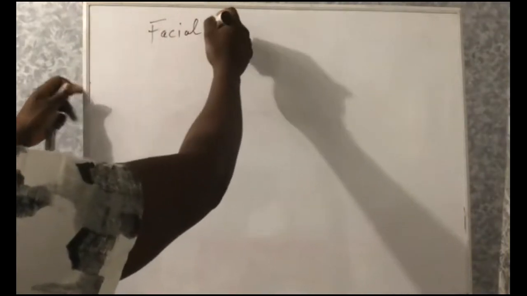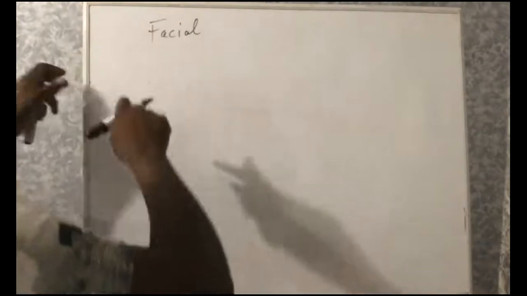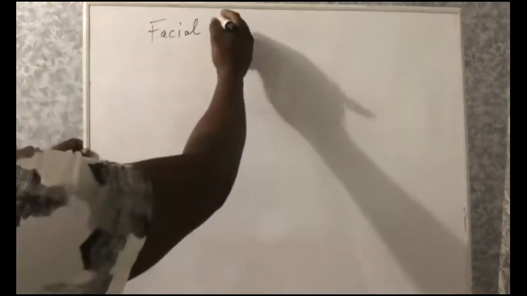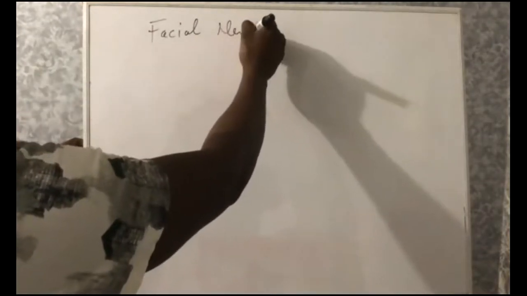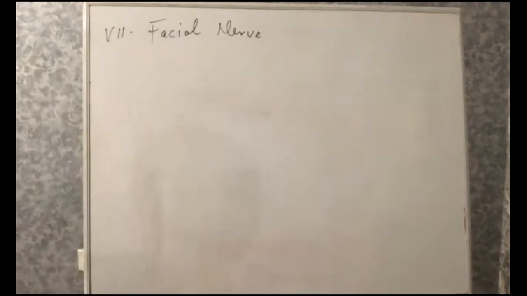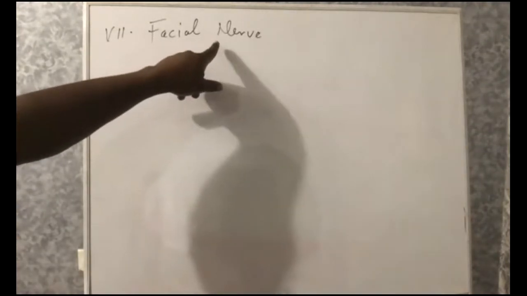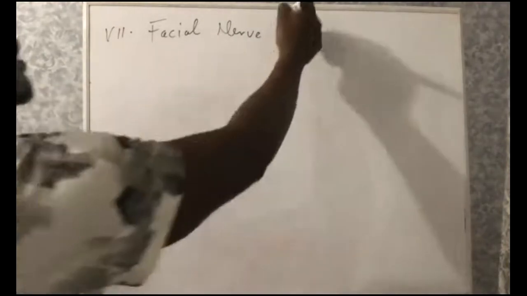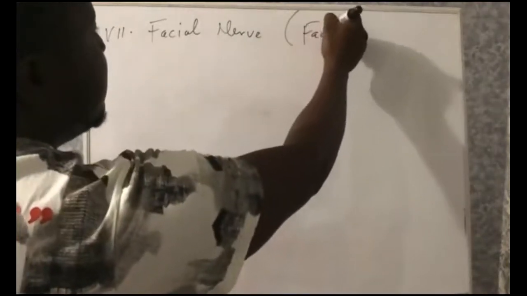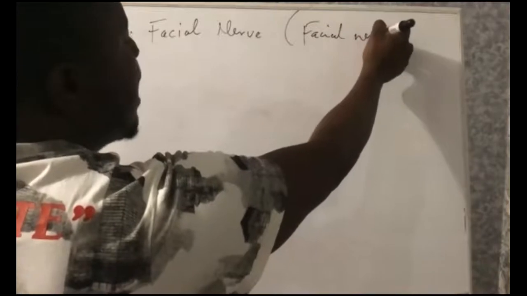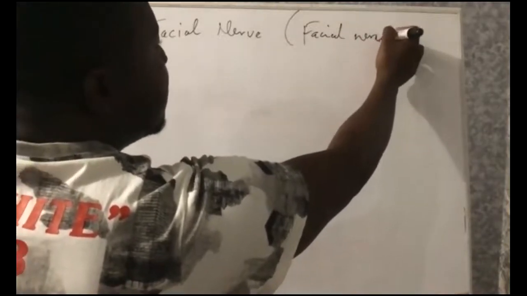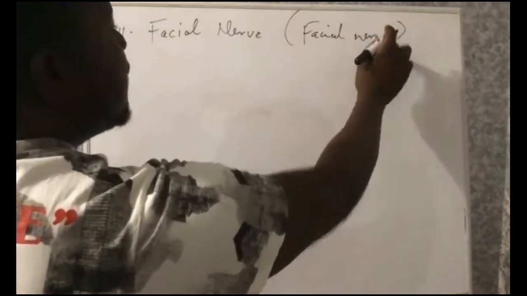Who can tell me the cranial number of the facial nerve? 7. I think 7. Thank you very much. So the nerve that controls the facial muscles is the facial nerve. Who can tell me another function of the facial nerve, apart from controlling facial muscles?